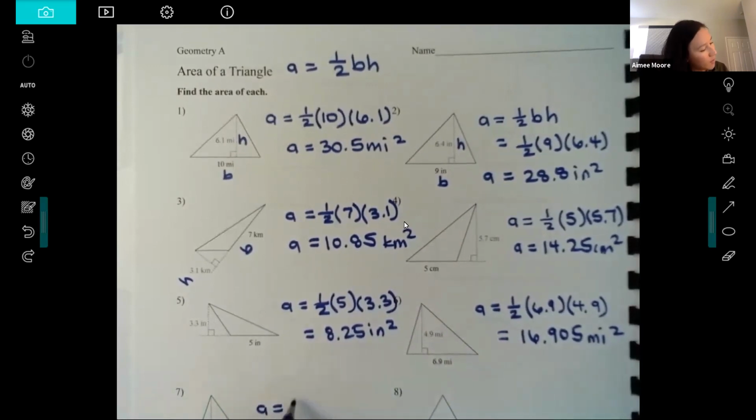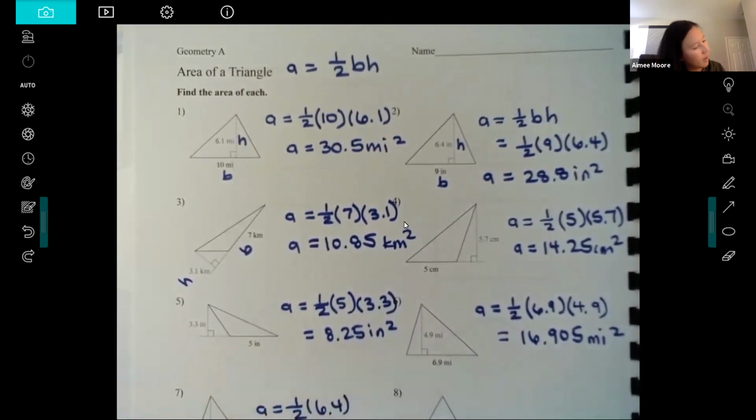Okay, then our area for number 7 is 1/2. Our base is 6.4. Our height is 6. So 1/2 of 6.4, that's 3.2 times 6. It's 19.2 centimeters squared.